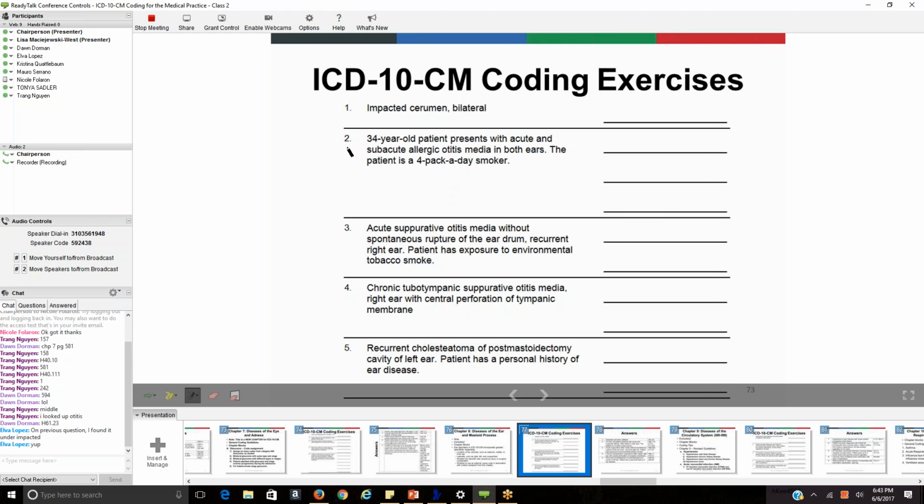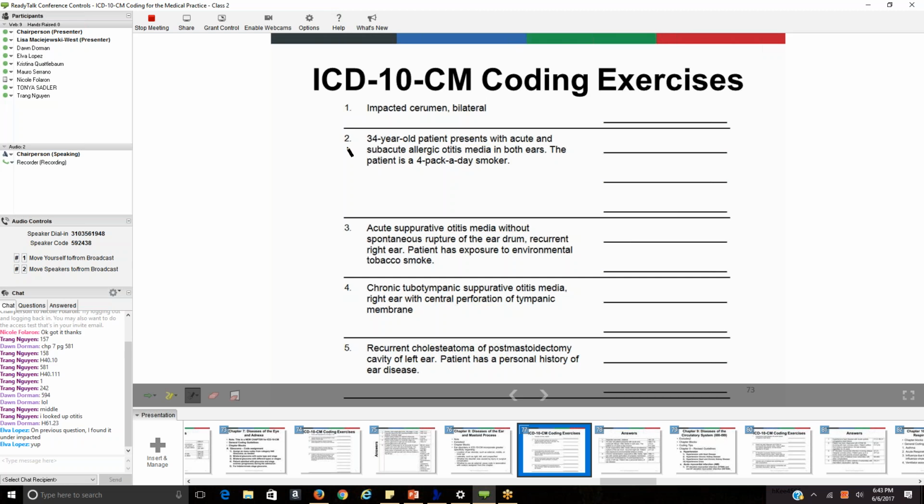So back to this one, acute suppurative otitis media without spontaneous rupture of eardrum, recurrent right ear. So that is your first code. And then we have the patient has exposure to environmental tobacco smoke. Go back up to the H66 family name, okay?